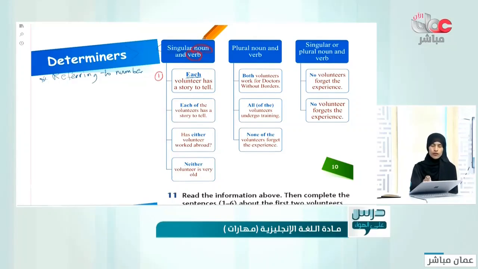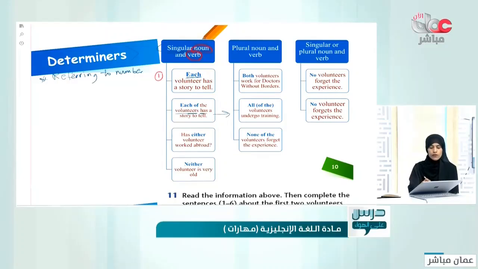Each volunteer has a story to tell. Each of the volunteers has a story to tell. So if my noun is plural here, it is going to be each of. I should maybe move this here because the noun is plural, but you'll see that the verb is singular here. So be careful. Each of the volunteers has a story to tell, and also has either volunteer worked abroad.